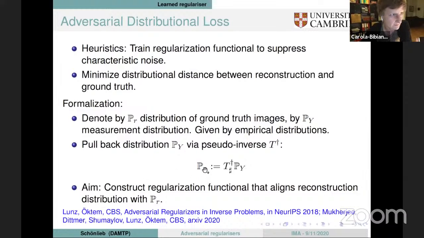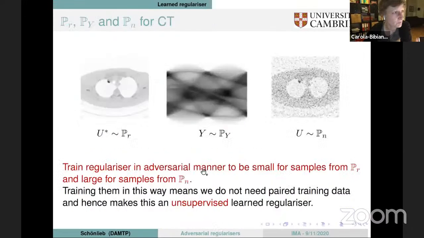So I call this Pn. And then the aim is to construct a regularizer that on the one hand aligns with the ground truth images, so that it favors these ground truth images that come from PR. And on the other hand, suppresses the kind of characteristic noises that I see in the distribution Pn. So in pictures, very briefly, this looks like this.